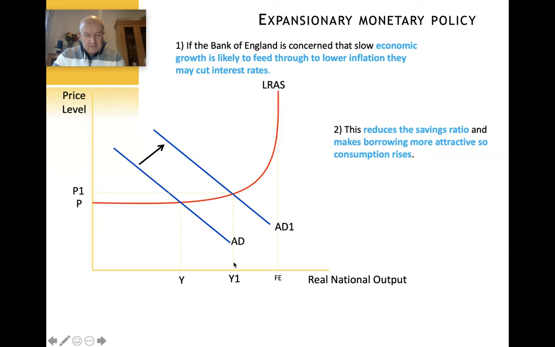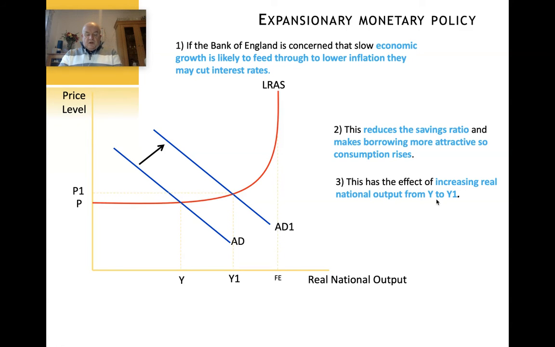And you can see that in this first instance, we've got output at Y and at the price of P. With this change in aggregate demand, you can see that we've got an increase in real national output to Y1, and we've also got a slight increase in price to P1, which is advantageous for firms and businesses who are able to sell their product for slightly more, a higher price, but also able to produce more. So real national output would increase from Y to Y1, as mentioned before.